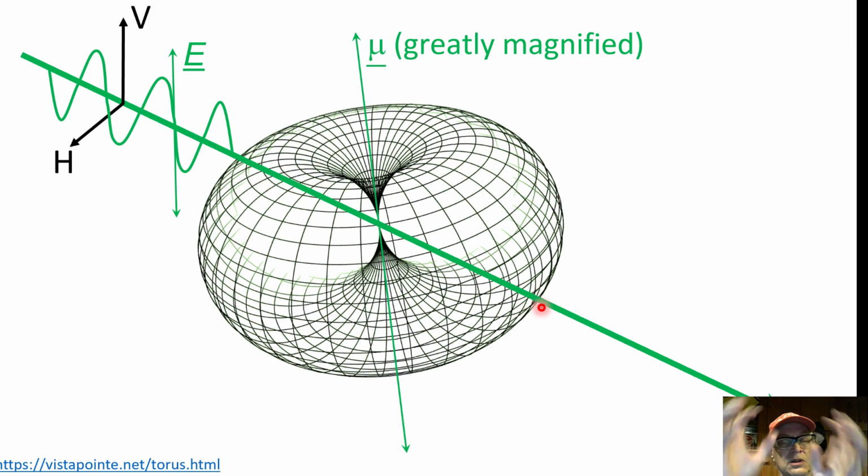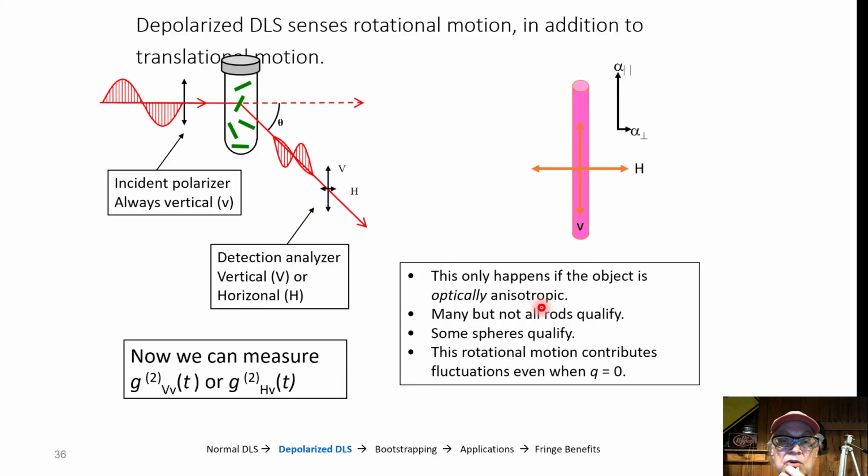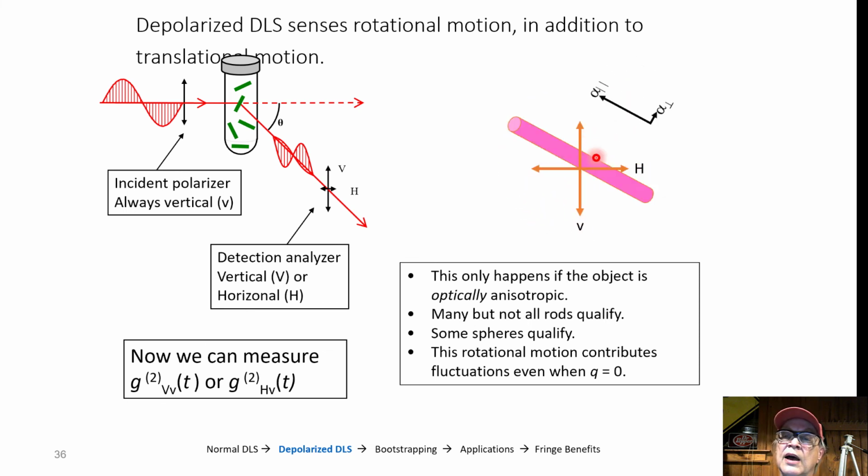Now, if the molecule continues to rotate, its ability to grab or re-emit changes with that rotation. That's how we can pick up on rotational motion. And this is showing that idea here. Oh, look, the animation still works. Amazing. And not only does it work, it's going brighter and dimmer as the object rotates around.